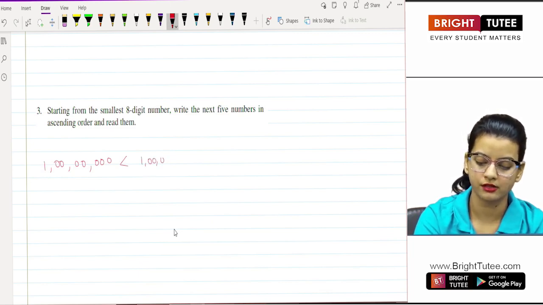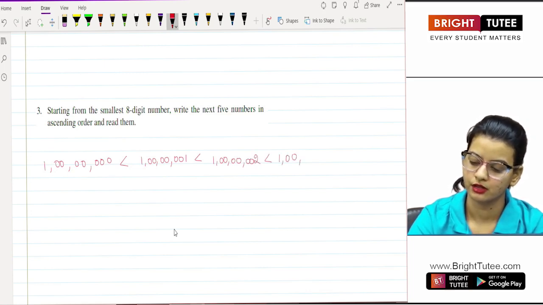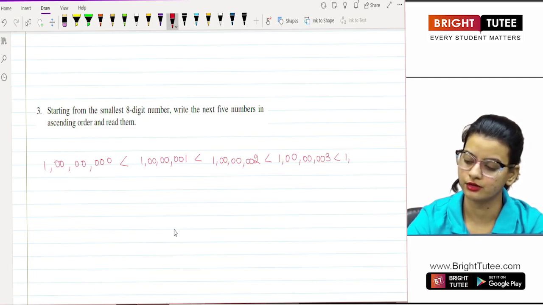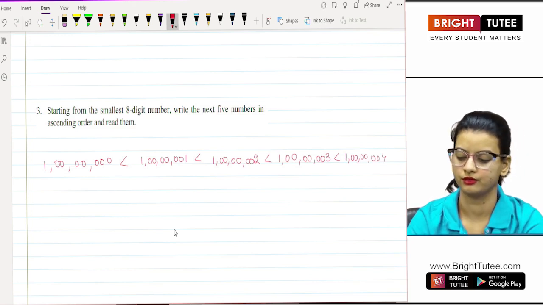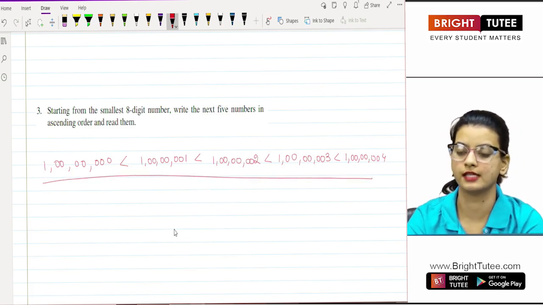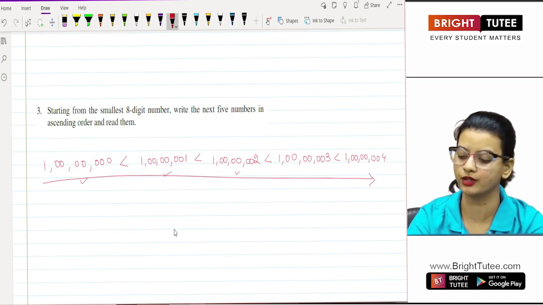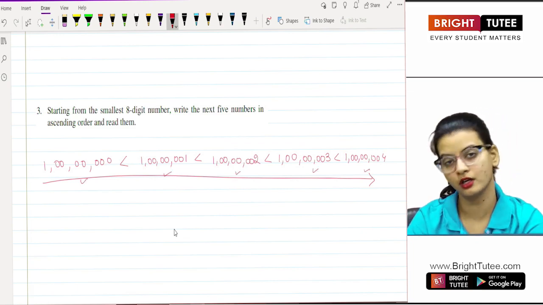Then we have 1 crore 1, then 1 crore 2, then 1 crore 3, and then 1 crore 4. So we have written the next 5 numbers in ascending order, that is in increasing order.